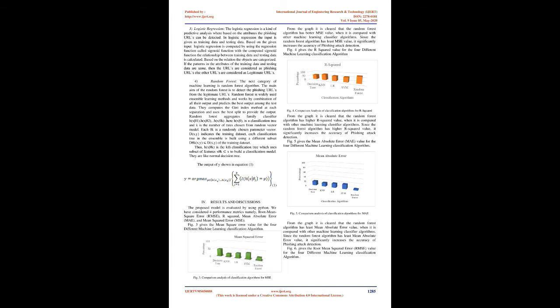Input, URL phishing website database. Split dataset. Pre-processing and feature extraction. Compare results of all algorithms. Fig. 2. Phishing URL detection module. 1, K-nearest neighbor.